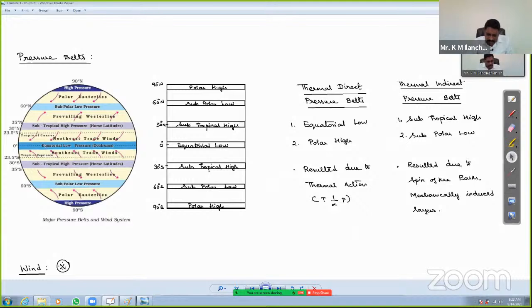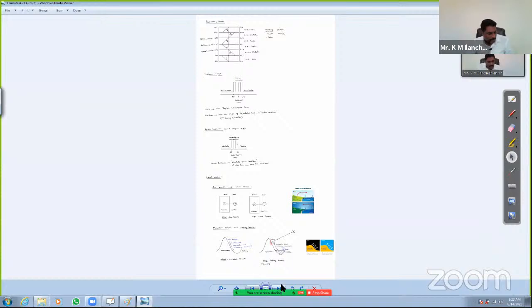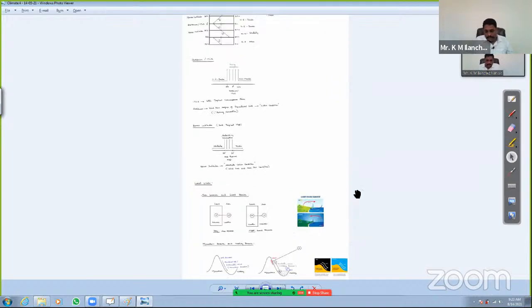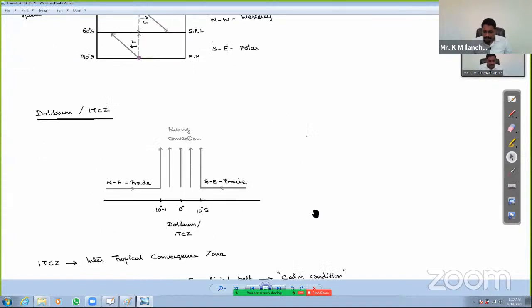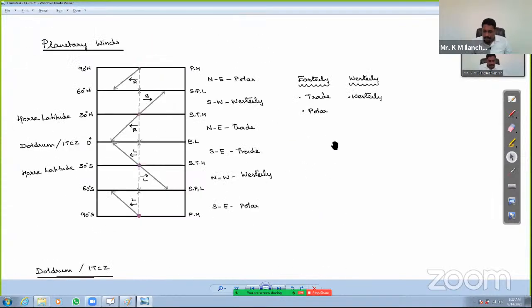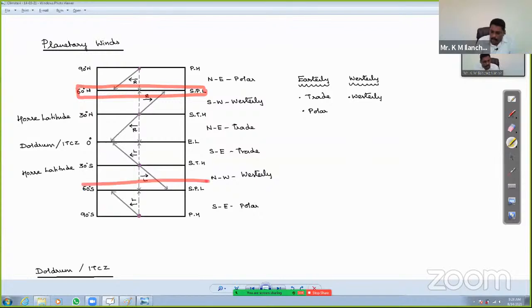So we are going to talk about what exactly happens here. This is the place where we have the subpolar low, very popularly called the mid-latitude.